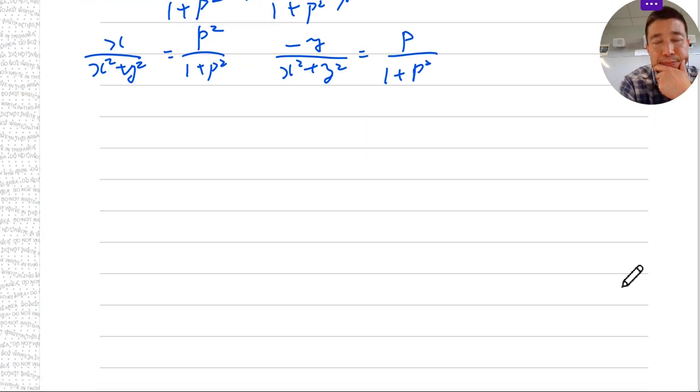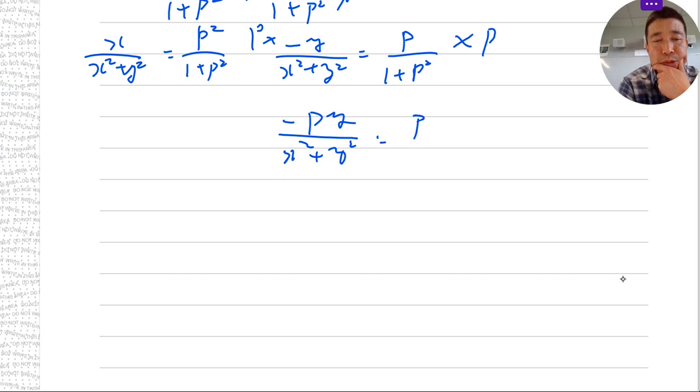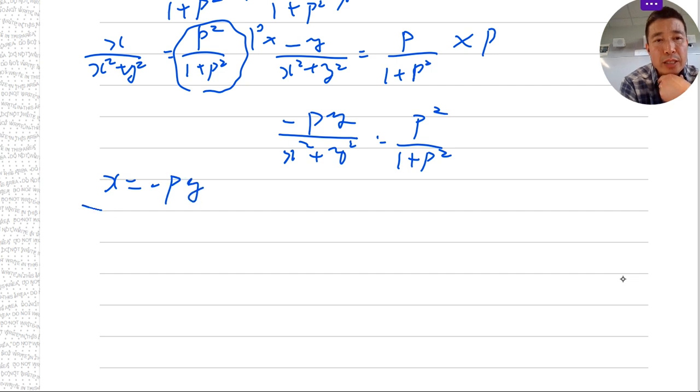I see the right hand sides are almost the same: one is p squared, the other one is p. So what if I multiply by p on both sides? That one becomes minus py over x squared plus y squared equals p squared over 1 plus p squared, exactly the same as this. Hence, I can tell x equals minus py. That's what I spot.